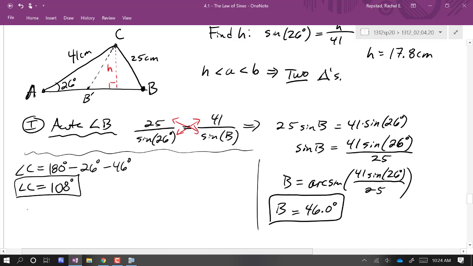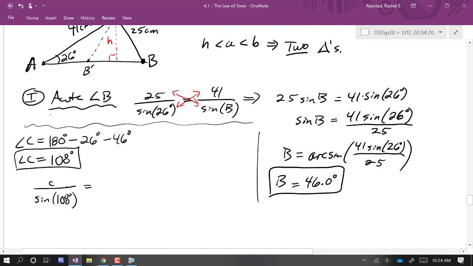Now let's find side C. So C over sine of 108 is equal to, and I'll use the matched pair they gave us, 25 over sine of 26. That means that C, if we just multiply both sides by sine of 108 degrees, we get 25 sine of 108 over sine of 26.